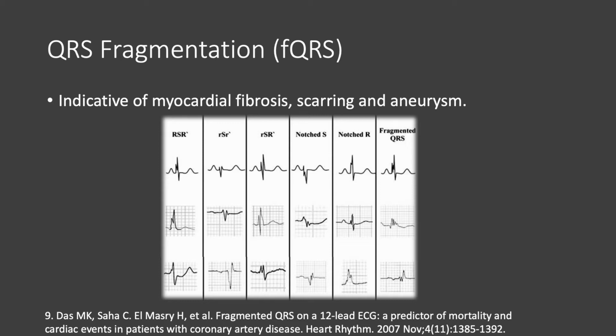The Indiana University group had previously shown that in the absence of bundle branch block, fractionated QRS of various RSR prime patterns has a higher sensitivity for prior MI than Q waves. So they hypothesized that cardiovascular event rates would be higher in patients with fragmented QRS complexes.